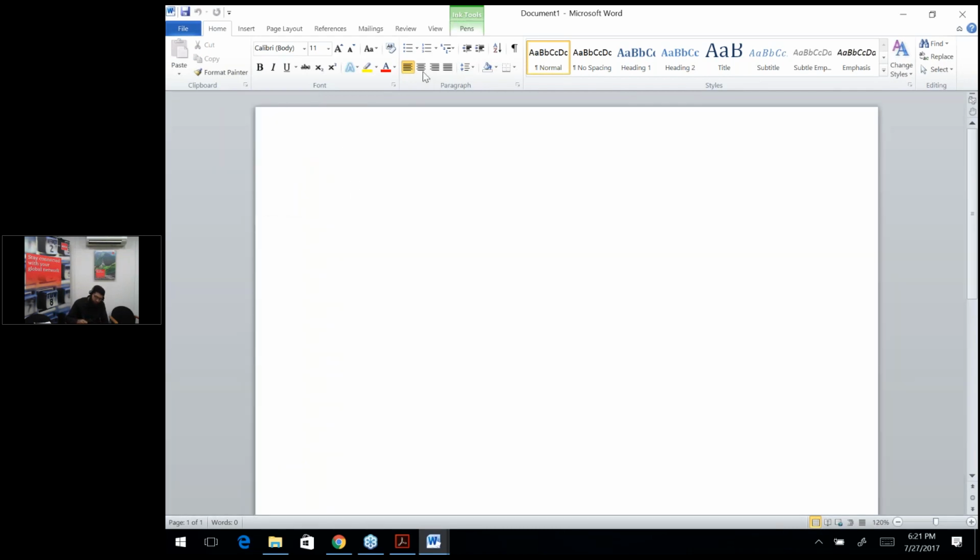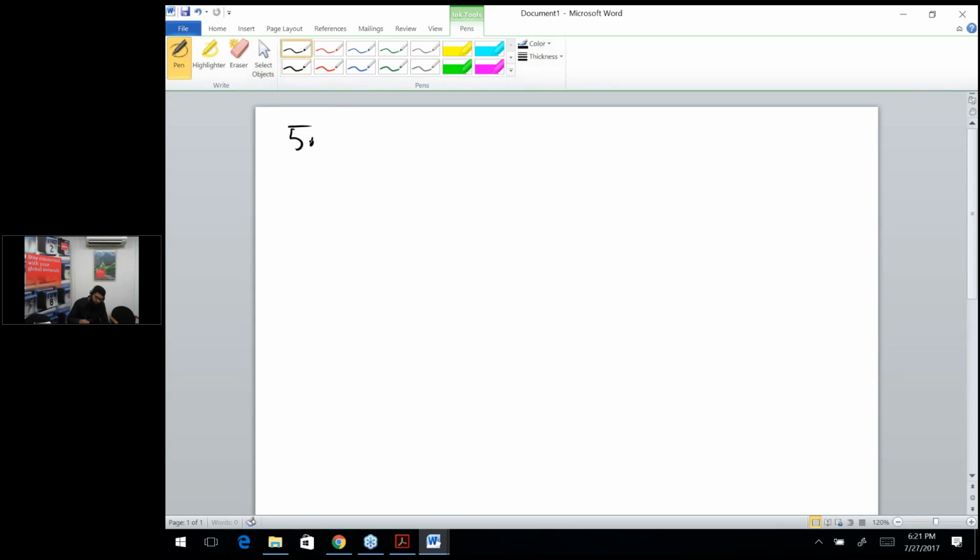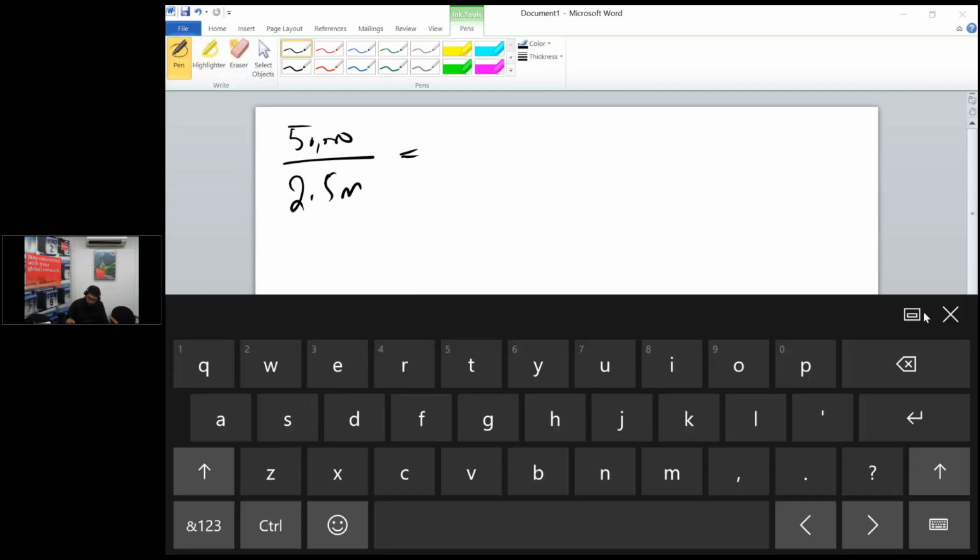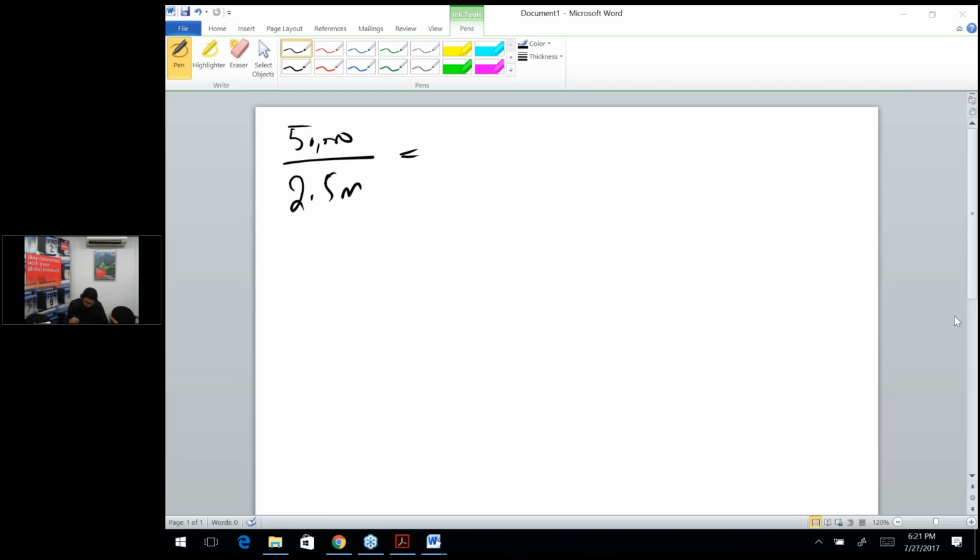This 50,000 divided by 2.5 million, how much is it? It's 2% of PBT.